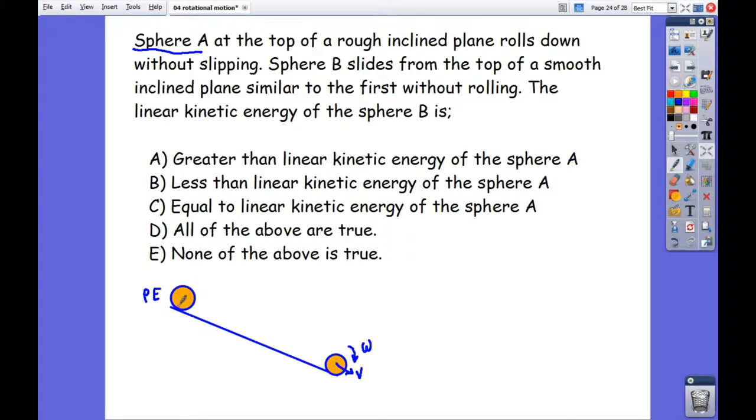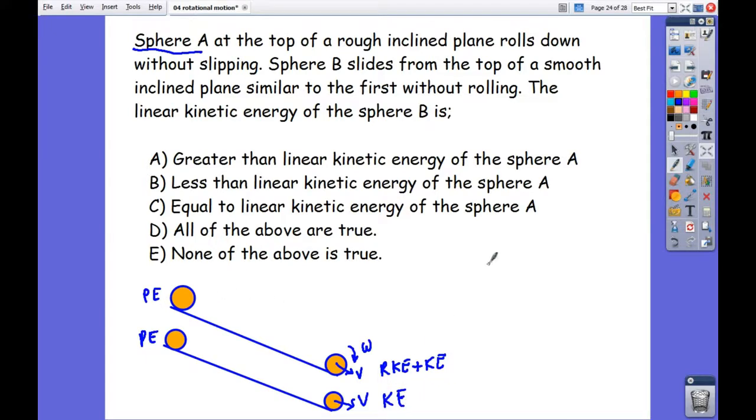As you can see here, in the condition of the first one, the object is rolling down without slipping. So at the beginning they have potential energy, and at the end they have rotational kinetic energy added to kinetic energy. In the other one, there is potential energy and only kinetic energy.